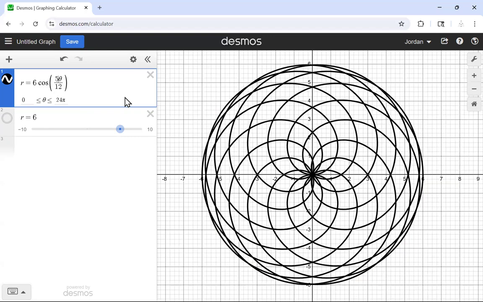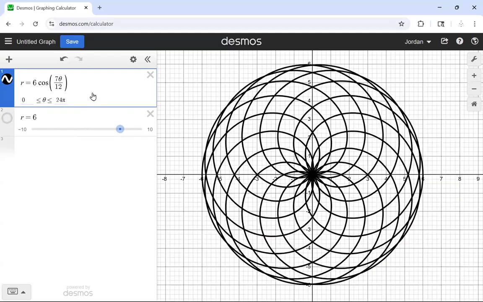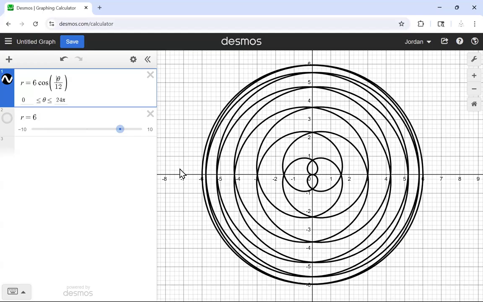How about 6 theta over 12? Not as interesting, but again, still enclosed in the circle of radius 6. 7 theta over 12 gives you another one of those really interesting looking structures. Again, I think this is a really neat looking structure.